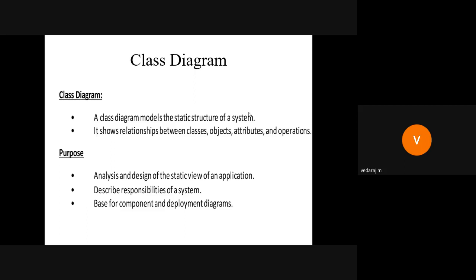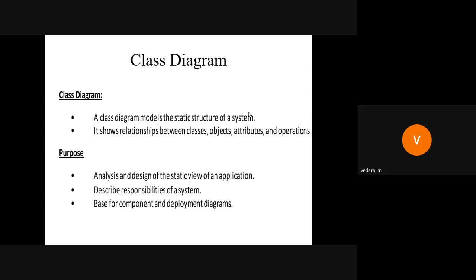What do you mean by reverse engineering? It is the reverse. Your code is converted into a diagram. All the code developed in Python, C++ or Java may be converted into a UML diagram. That is called reverse engineering.